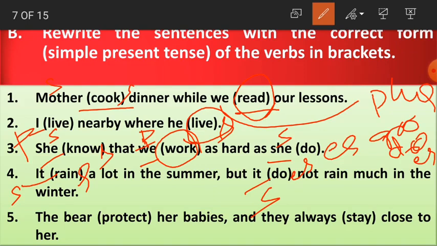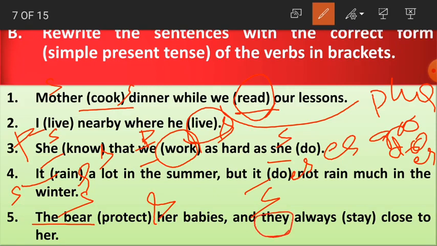Okay, now the fifth one. The bear protect her babies and they always stay close to her. The bear, which form, singular or plural? Singular. Protect her babies. Then this protect, what will it become? Protects. And they always stay.